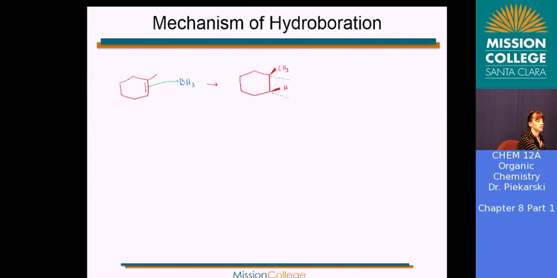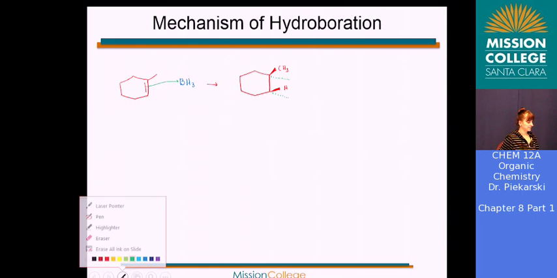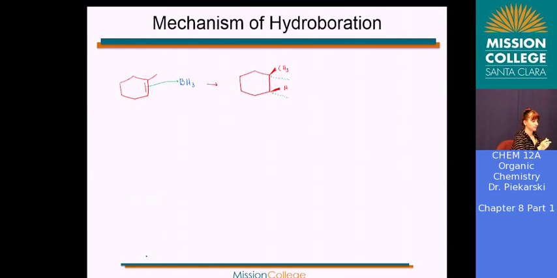To the more substituted side or the less substituted side? It wants to be on the less substituted side. Oopsie, I was supposed to draw that in blue. And then the hydrogen over here from that BH3 is still kind of attracted to it. So this is the proposed transition state.